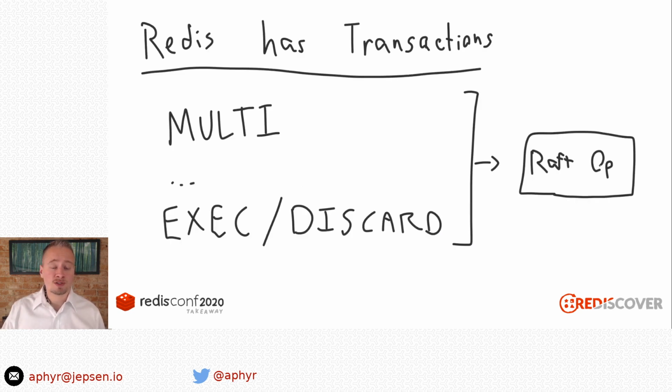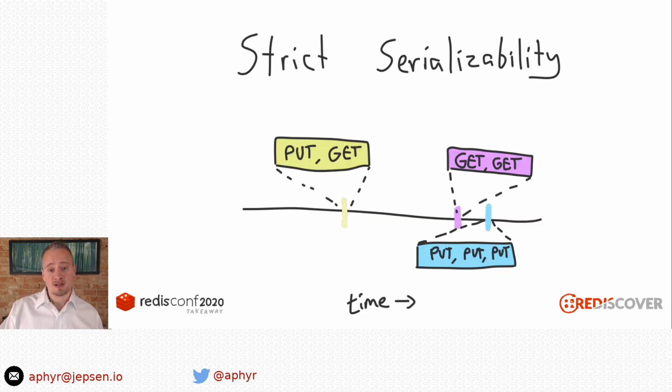Now, Redis also has a transactional model where you can call MULTI, any number of Redis operations, and then EXEC or DISCARD. That whole thing gets batched up as a single Raft operation, which is sort of like a transaction. So we're actually looking for a property called strict serializability, which is linearizability applied to transactions. Instead of having single operations, our operations will be composite operations with multiple puts and gets and sets and appends and all kinds of stuff inside them.